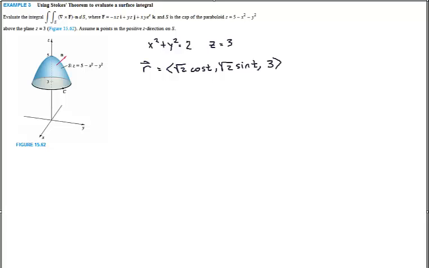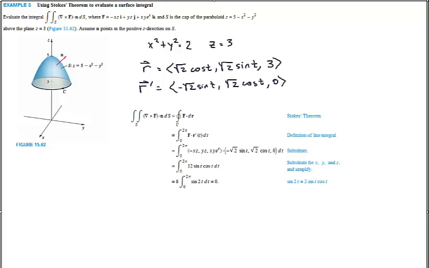Then we'll take the derivative of our r vector. Let's also go ahead and get our partials. Just substituting in, noting that this is just that definition of my f sitting up here, notice my i component, my j component, and my k component. Doing the dot product and computing that integral, you'll get 0.